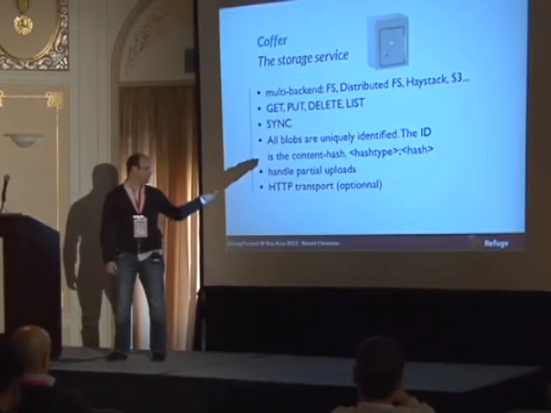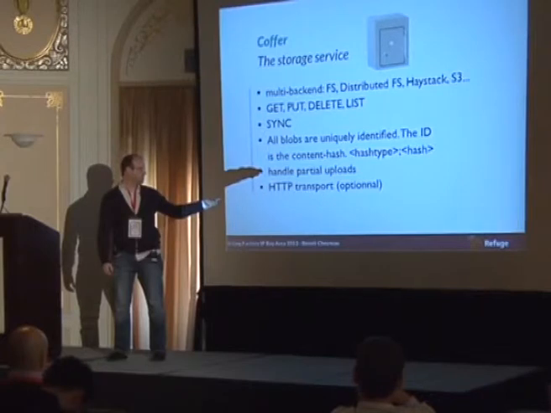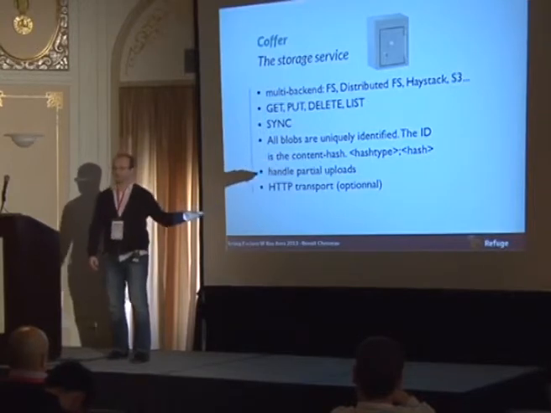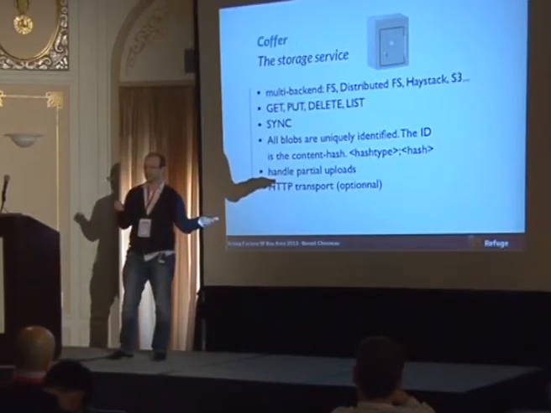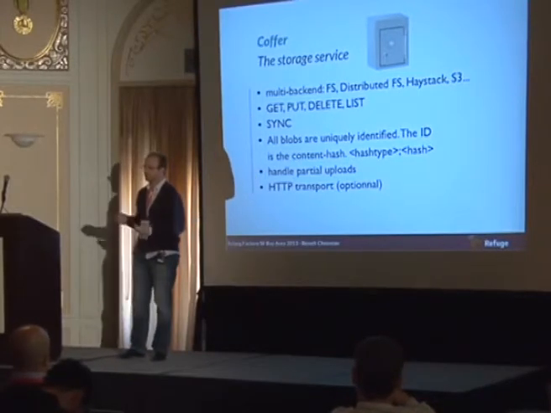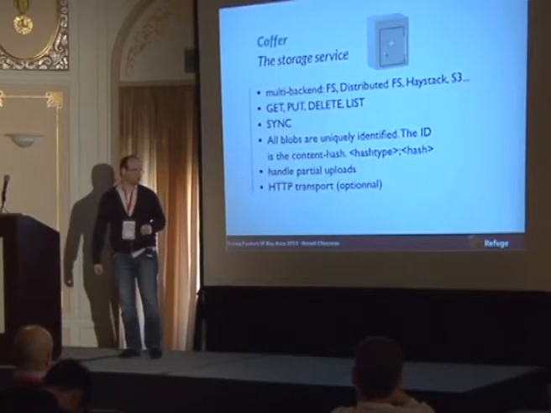So the only thing you have to send to Coffer is a document with an ID, where the name is the ID. And the ID starts with the hash type and the hash. So it can be SHA if you want, or it can be Skein if you want to store video, because this is a better hashing protocol, or any other protocol you want to use.